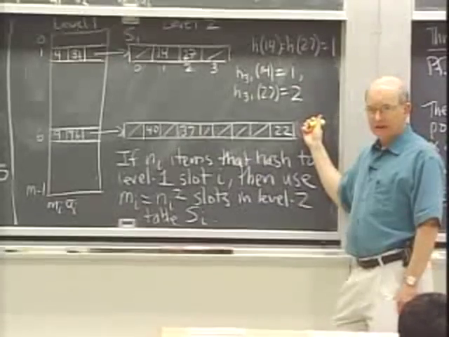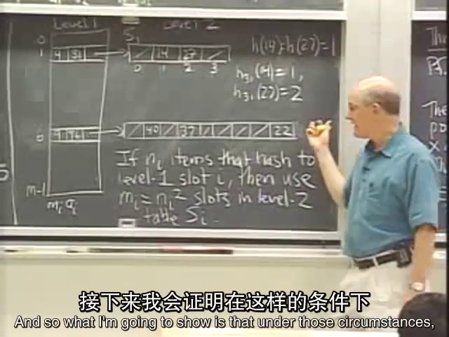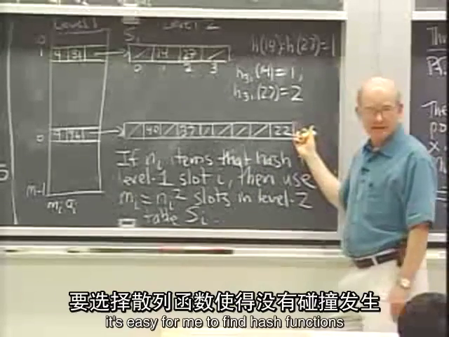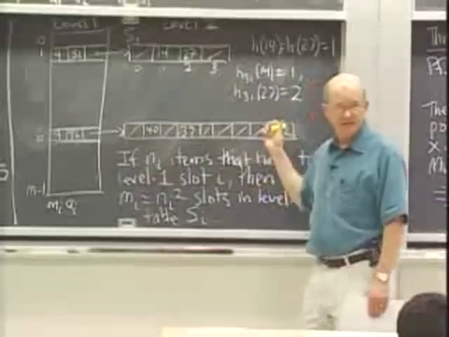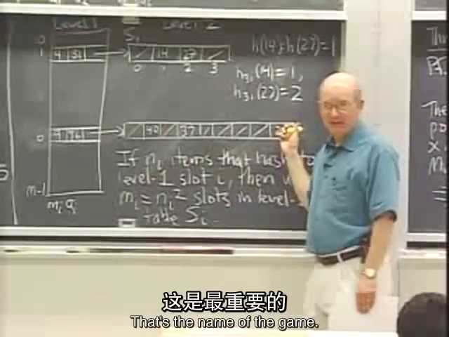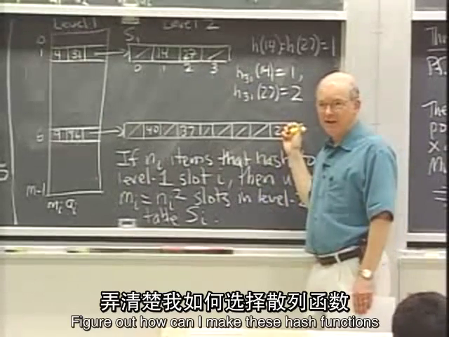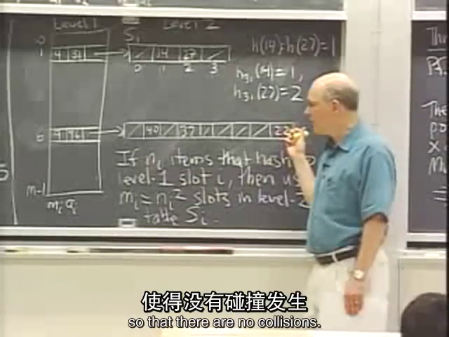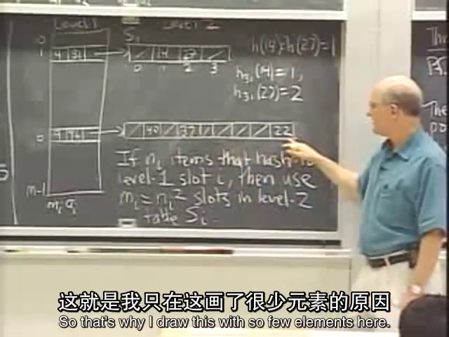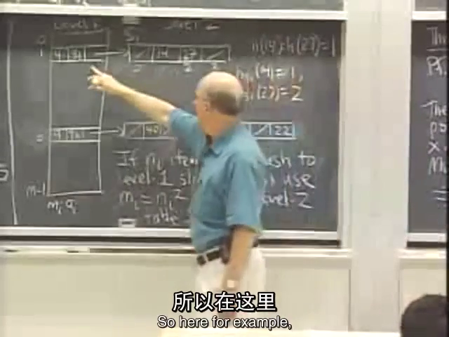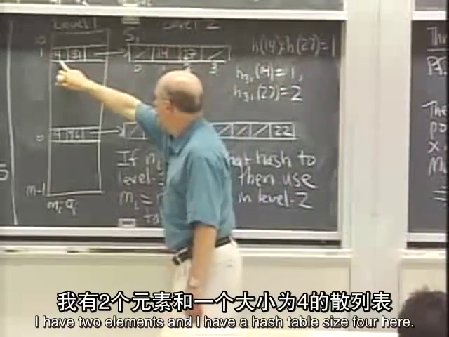And so what I'm going to show is that under those circumstances, it's easy for me to find hash functions such that there are no collisions. That's the name of the game: figure out how I can make these hash functions so that there are no collisions. So that's why I draw this with so few elements here. For example, I have 2 elements, and I have a hash table of size 4.